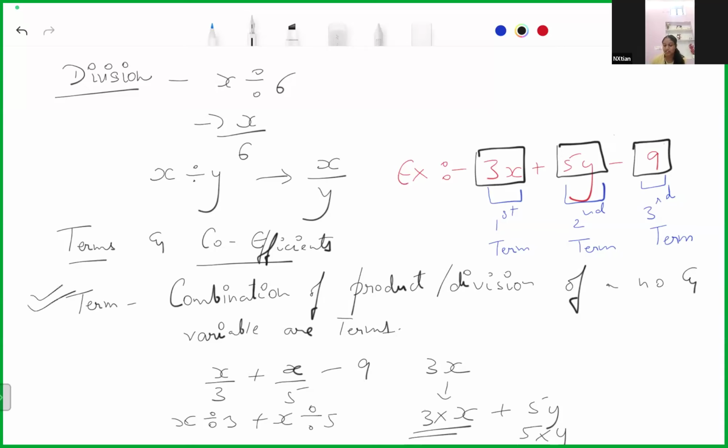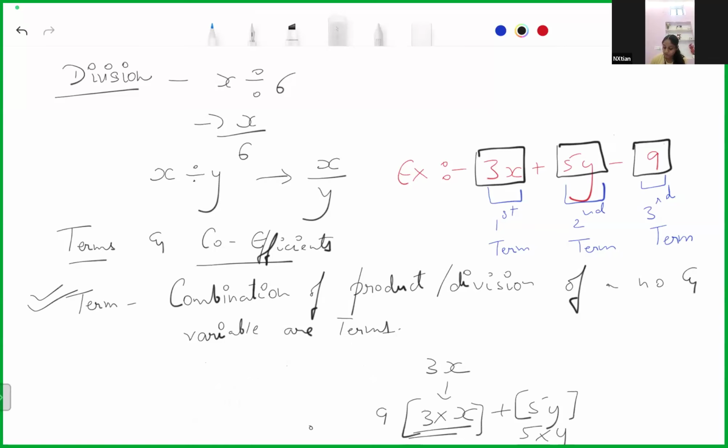You can write it down. So this is a combination of division and this is a combination of product, which are separated by addition and subtraction signs, and are known as terms.